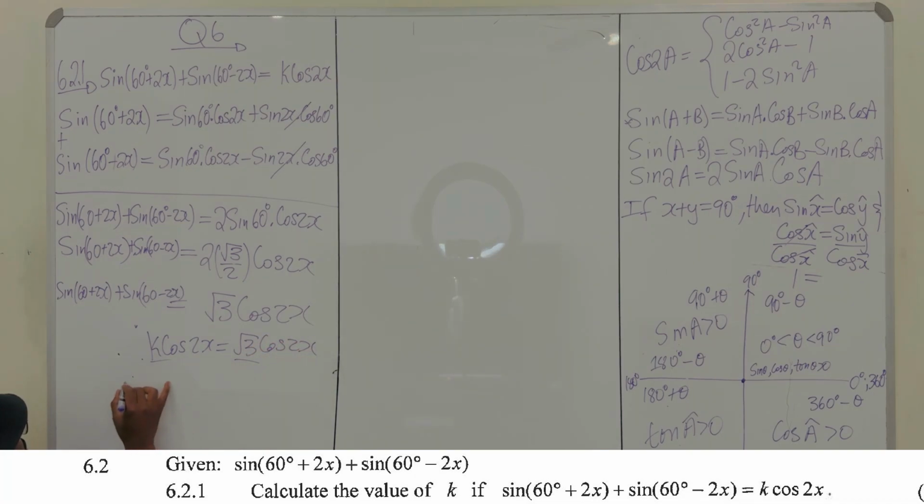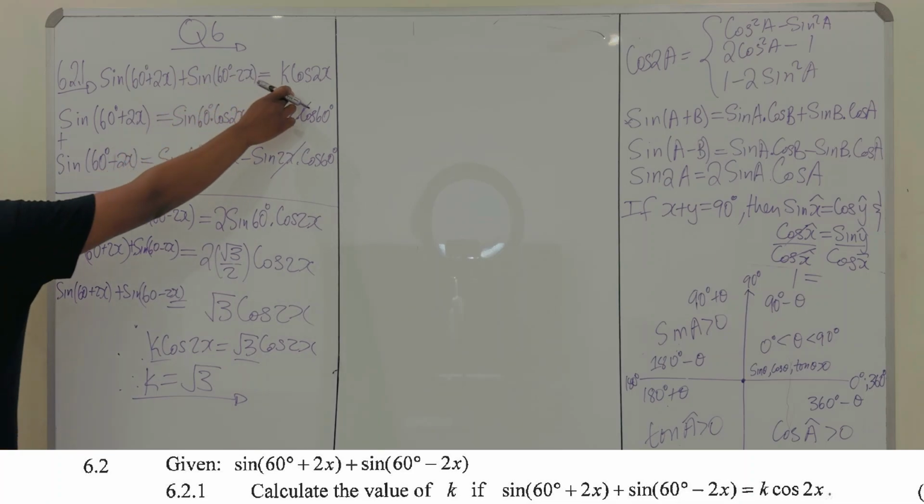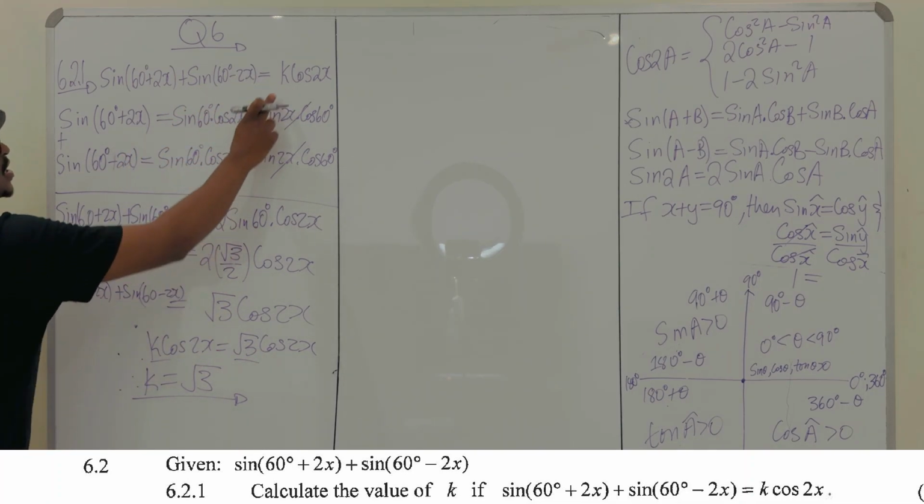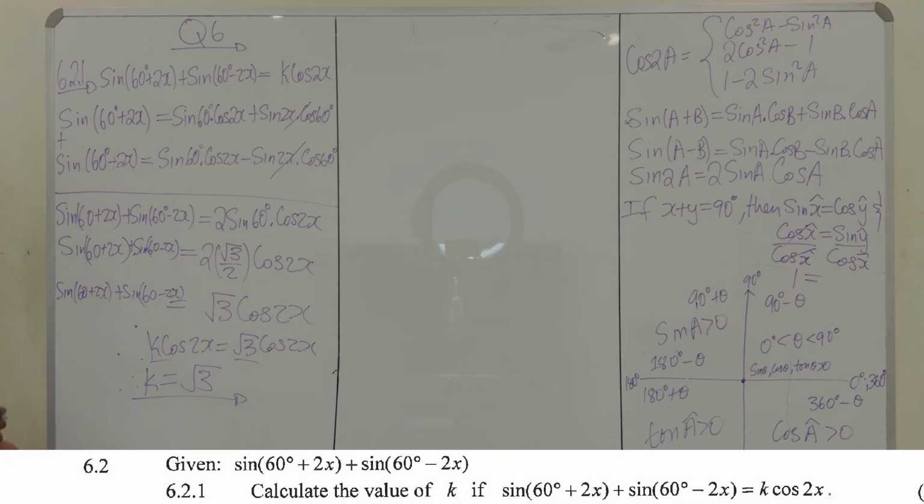So this is equal to this. Therefore, your k should be equal to square root of 3. That's what I can say, because we simplified this so that it looks like that, and it came out to be root 3 cos 2x. So if that is k, your k should be root 3. And we're done with this one.